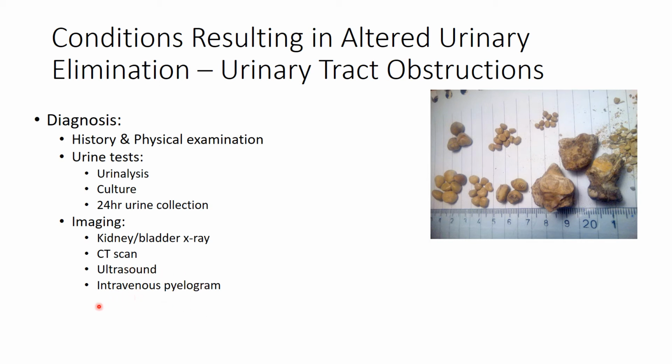Okay, and this is again going to be injecting some contrast dye and then visualizing on an X-ray to be able to see where the issue is. So if there's an obstruction in the urethra, you should be able to identify that through this intravenous pyelogram, but also just a regular X-ray, right? So looking at the urethra, we should be able to see this hard mass sitting in the tube.